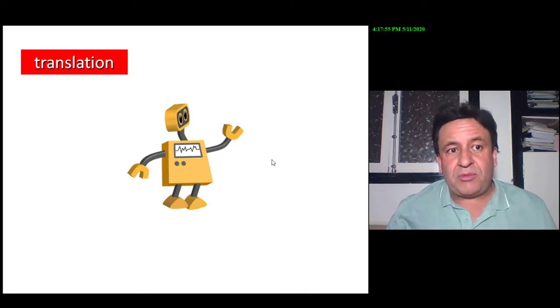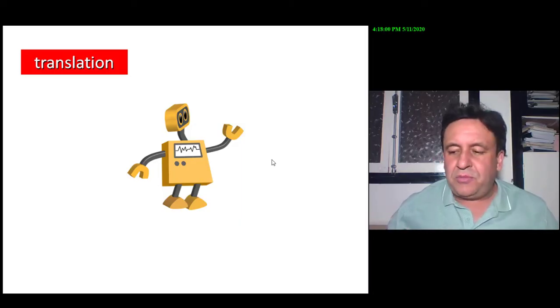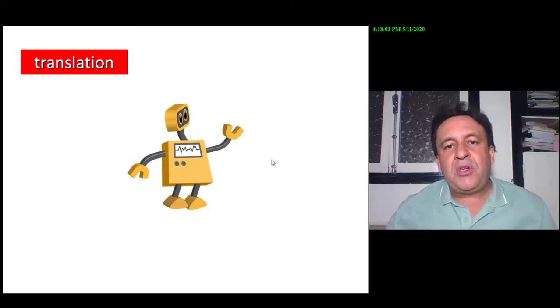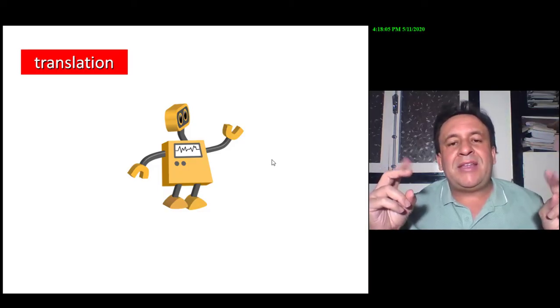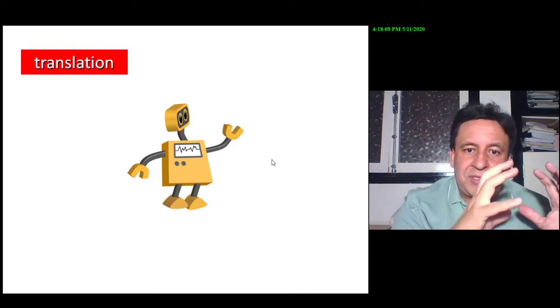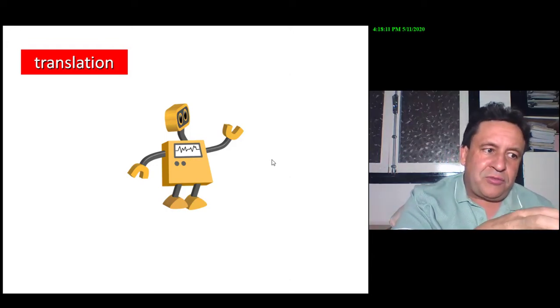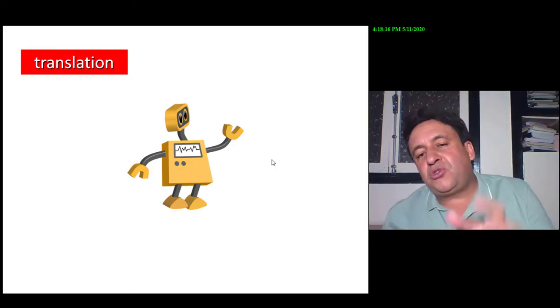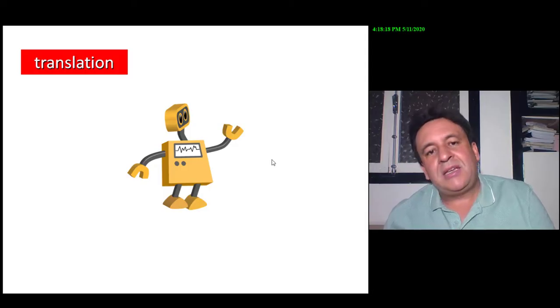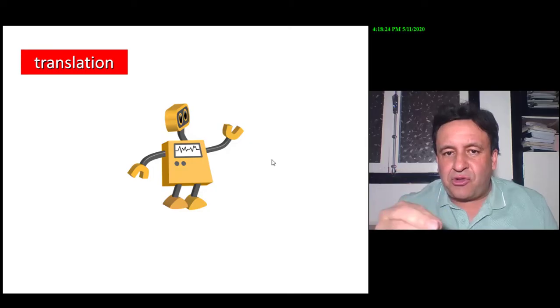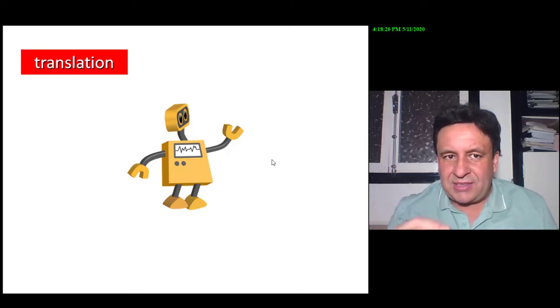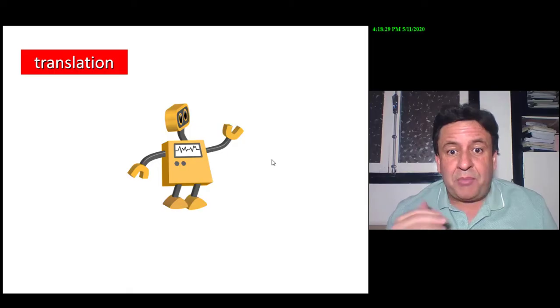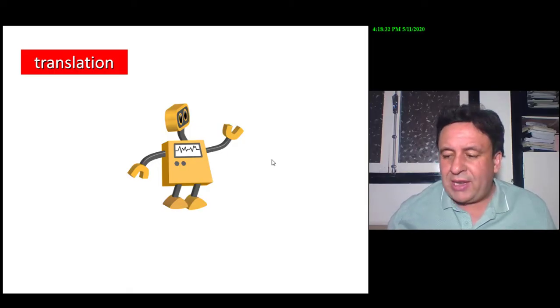For the program to translate, this robot should be equipped with an understanding of the structure of the language from which we translate, the source language, and the structure of the language to which we translate, the target language. Okay, so if this robot is not equipped with these structures, it will not be possible for it to translate from one language to another.